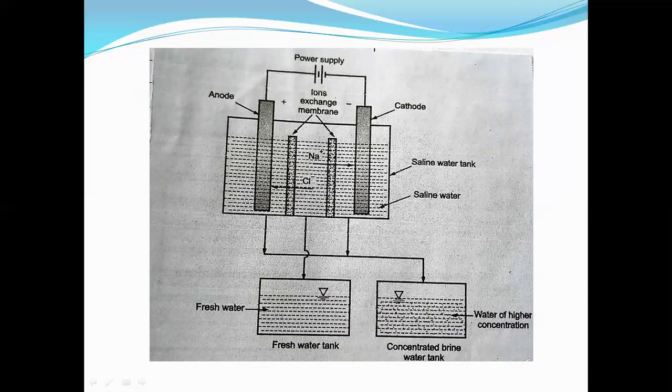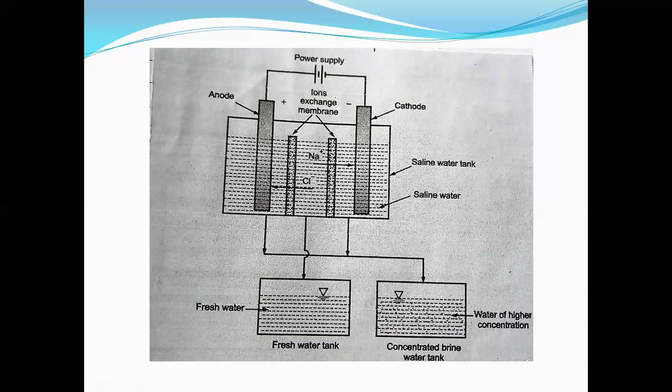That is, the anode is the electrode in which positively charged current is passed, and the cathode is the electrode in which negatively charged current is passed. There are two ion exchange membranes which exchange the ions from the saline water, and at the top there is a power supply. Now see, what is the concept of electrolysis?